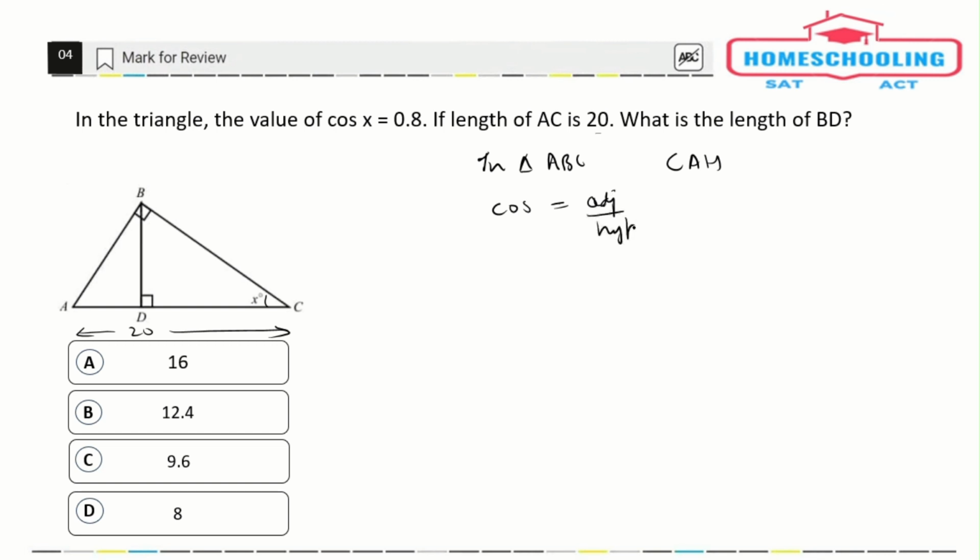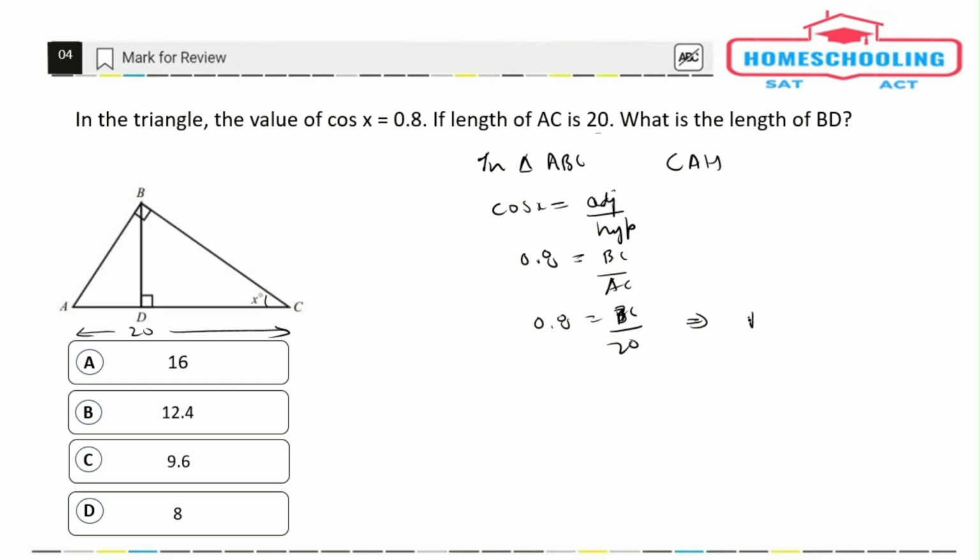As in the question, cos x is 0.8, adjacent is BC, and hypotenuse is AC. For this angle, this is your opposite AB, this is your adjacent BC, and this one would be your hypotenuse AC. So we can say that 0.8 is equal to BC by 20.